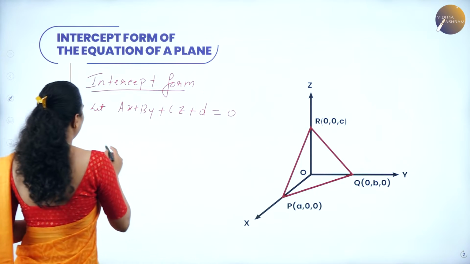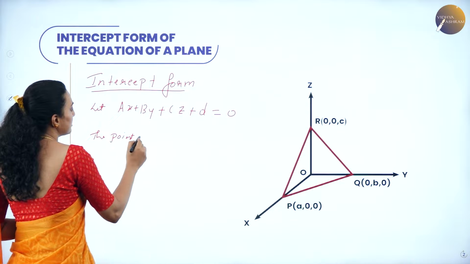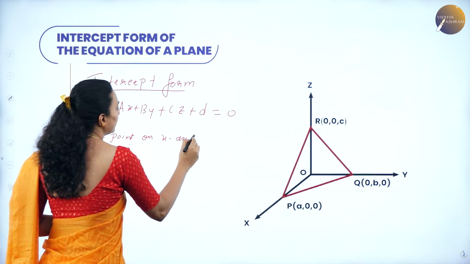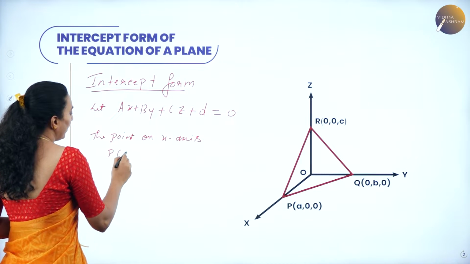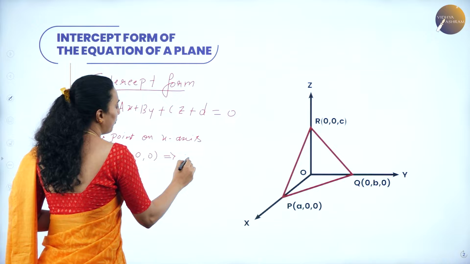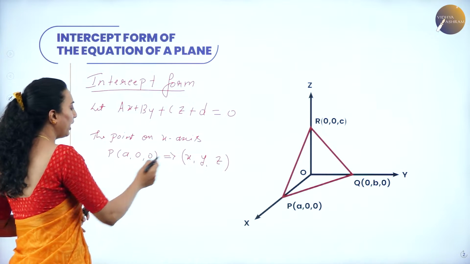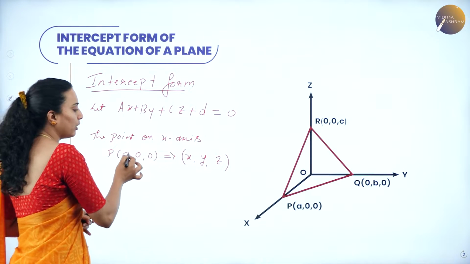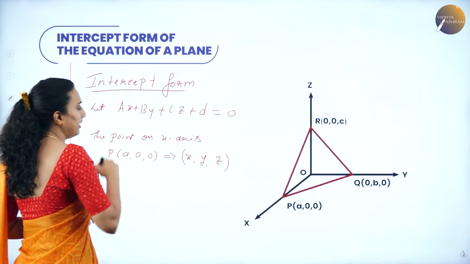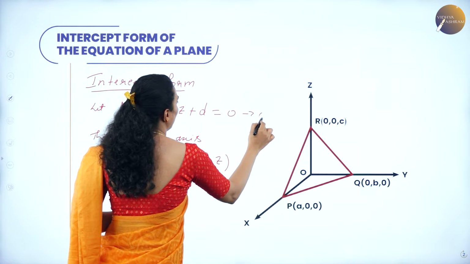So therefore, the point on the x-axis is nothing but P of A, 0, 0, which implies the points of x, y, and z. So therefore, x is equal to A, y is equal to 0, and z is equal to 0. Substitute this in the standard equation. So here, I am going to call this equation 1.